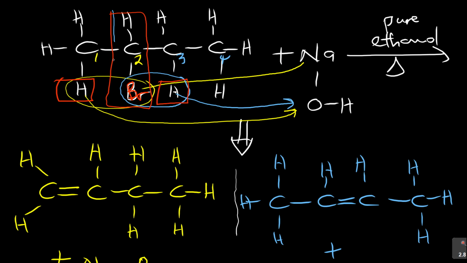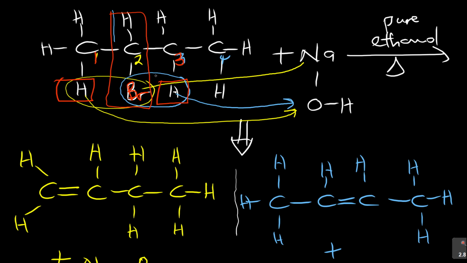Then we ask ourselves, between carbon number 1 and carbon number 3, which carbon has more hydrogens and which carbon has less hydrogens? Carbon number 1 has got 1, 2, 3, which is more hydrogens. Carbon number 3 has got 1, 2. And then we say that carbon number 3 has less hydrogens. So the little hydrogens it has, it shall be taken even more. To those who have less, less shall be taken from.